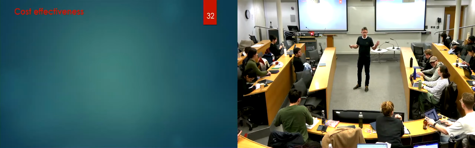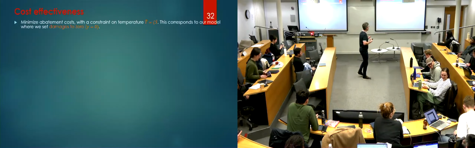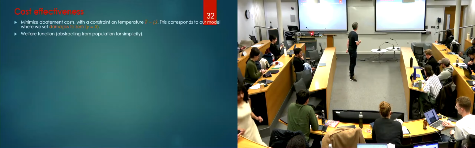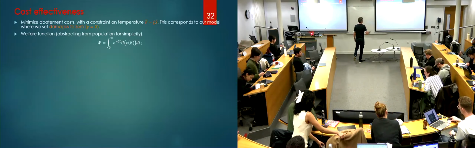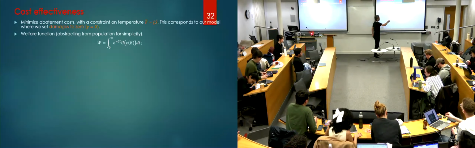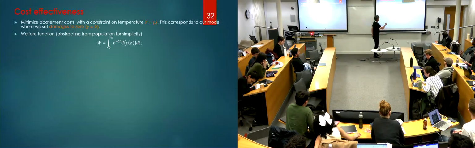For a given target, imagine I want to go to 1.8 degrees. How do I go at lowest cost? I'm going to just say I add this constraint. It's forbidden to go beyond 1.8 degrees.